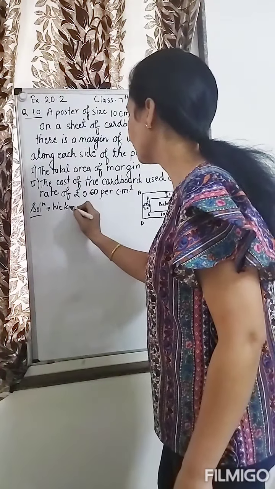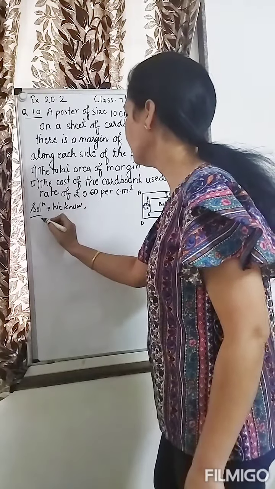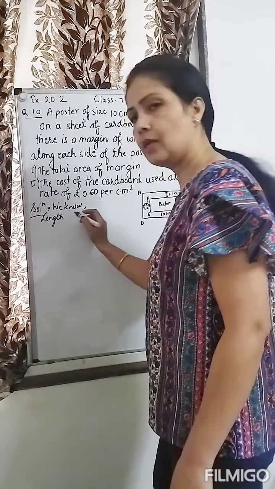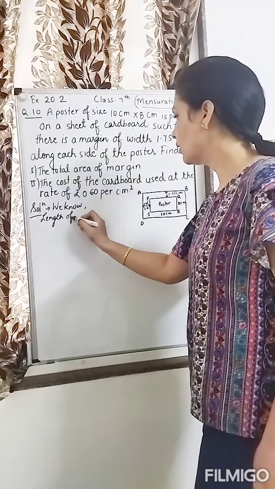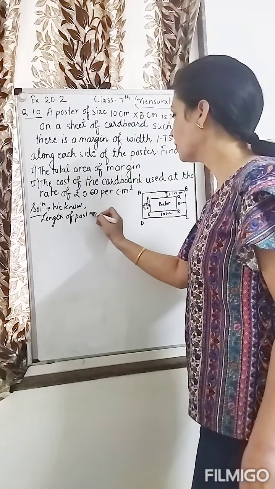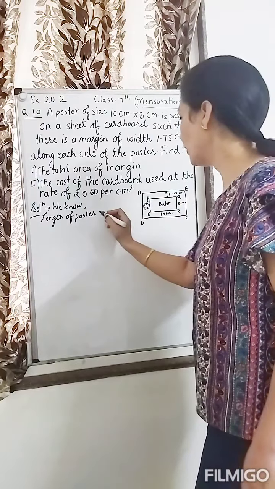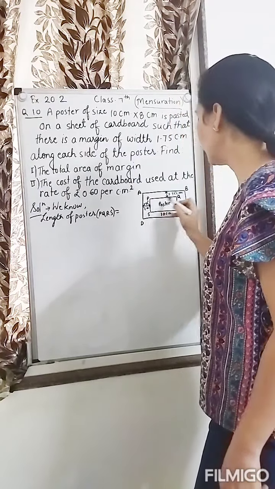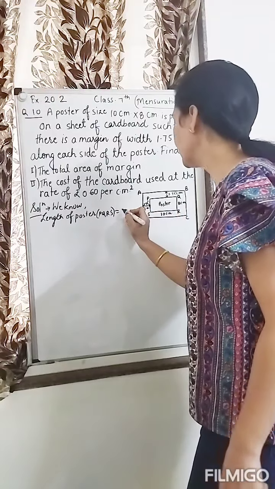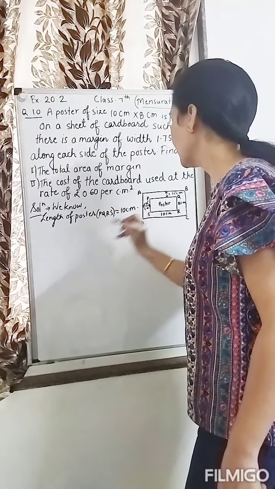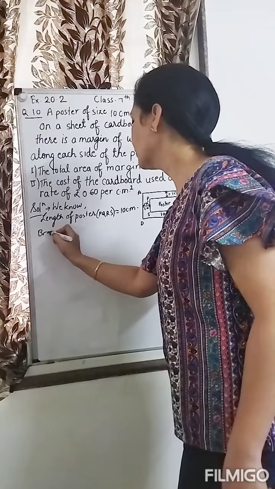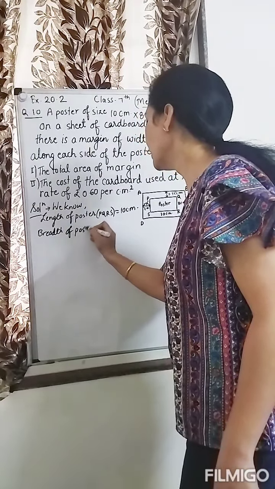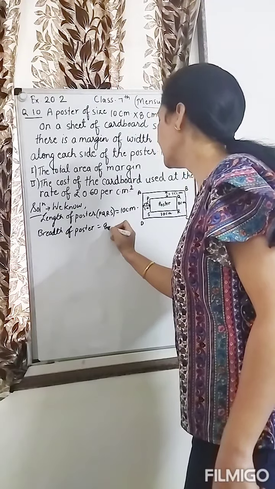We know the length of poster. Poster is here PQRS. So you can write it like this. PQRS length is 10 centimeter. Then breadth of poster is 8 centimeter.